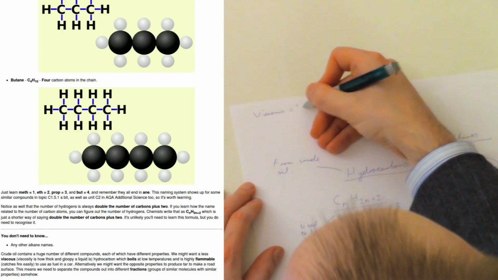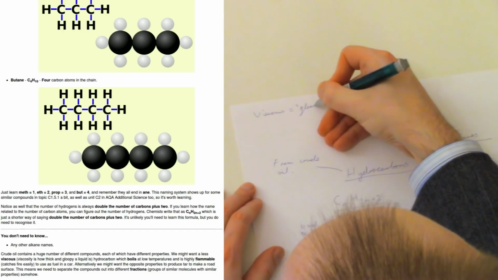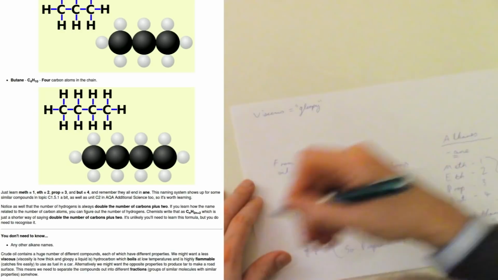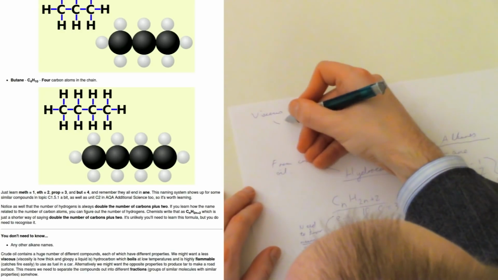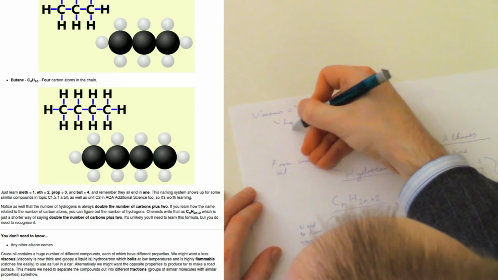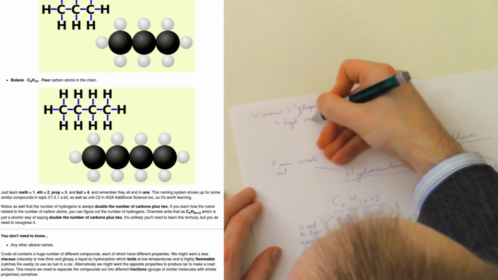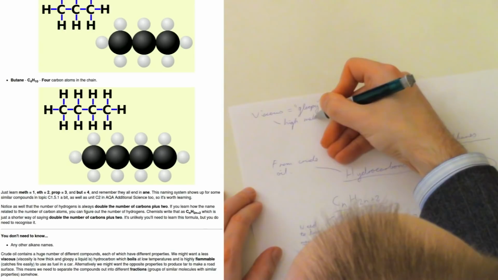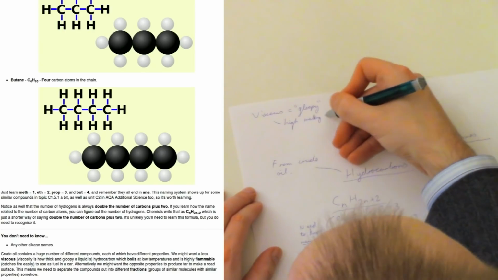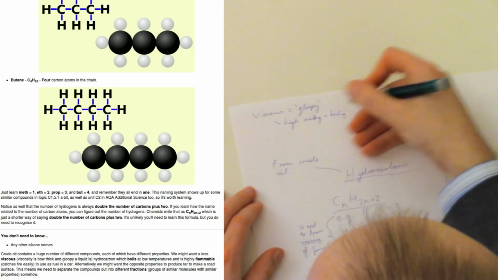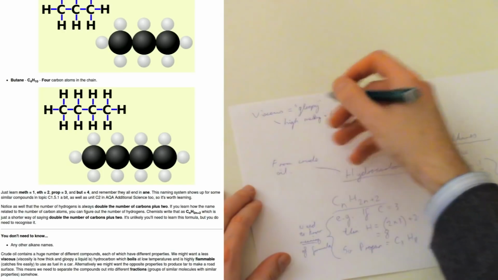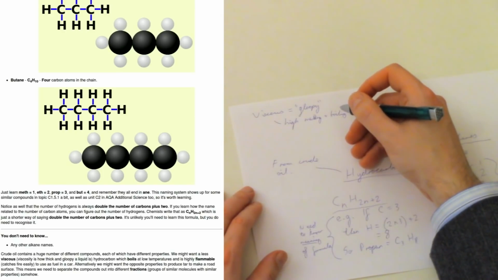Viscous equals, the word I've used is gloopy. And those have high melting, oops, can't spell melting. So it's got a high melting and boiling point if something's viscous.